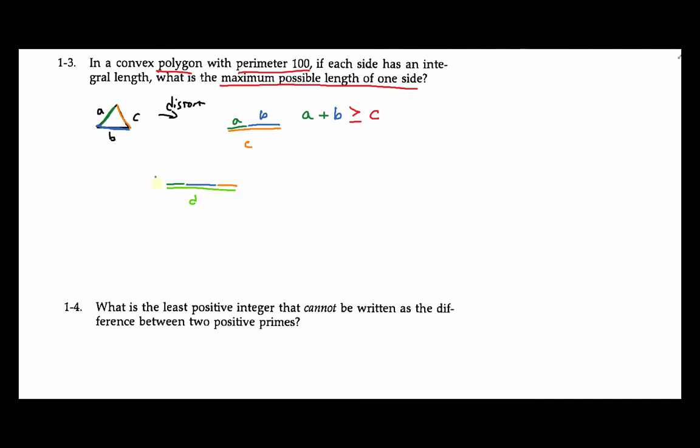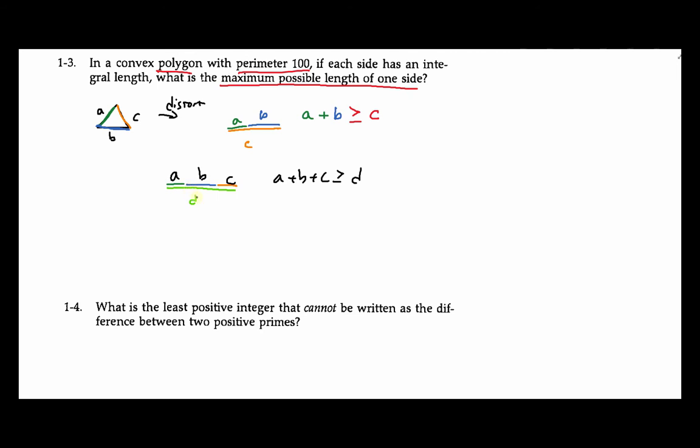So you have A, B, C. As long as the sum of the lengths of A, B, and C is slightly greater than D, we have a polygon. But again, visually you will see it's like 50-50%, the length.